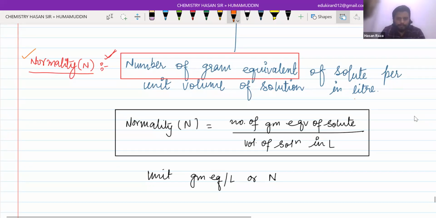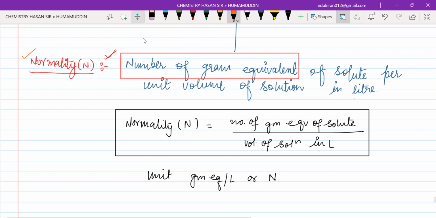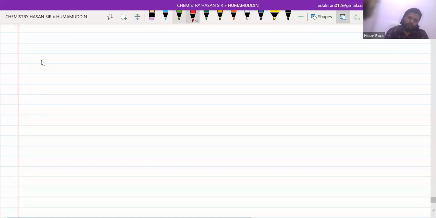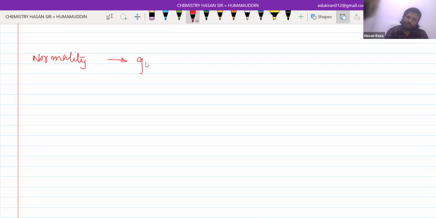First, you are going to write it, and then I will start this. Done, sir. Okay, see. To understand normality, we have to first look at what is gram equivalent or number of gram equivalent.